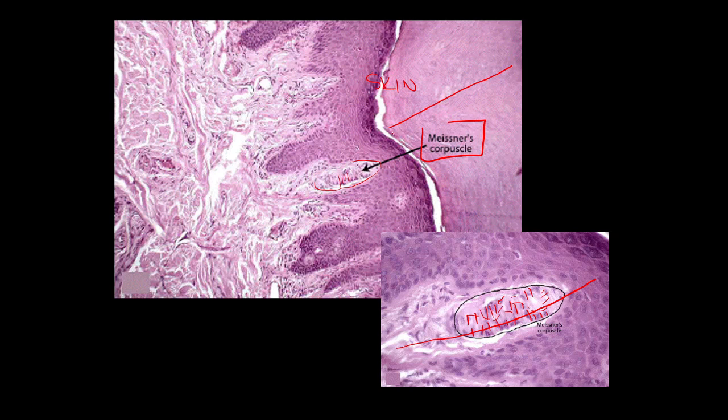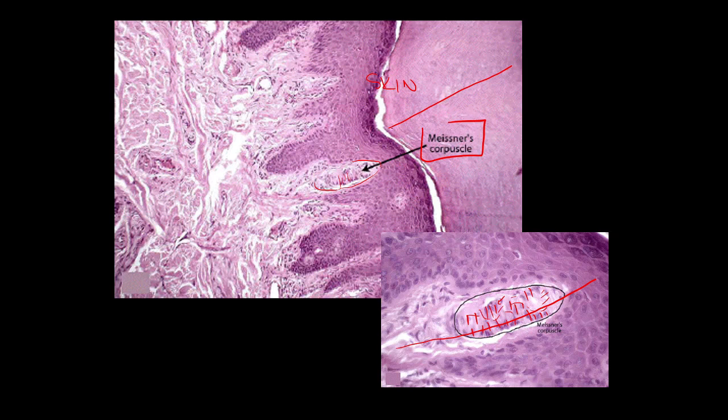So they are in the palms and soles, and many of them are in the fingertips, and that's actually it. You don't really have to know the differences between these ones being for low frequency stimuli, and these being for high frequency or fine touch and stuff like this. All these corpuscles are important for the touch sensation in some way, the pressure sensation, but you don't really have to know the differences.